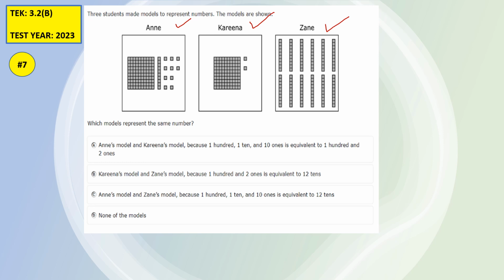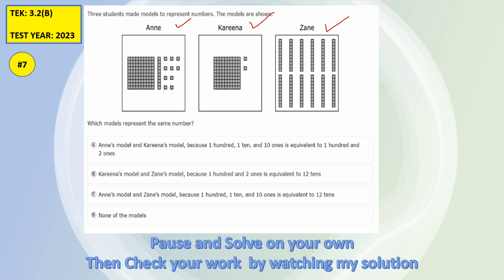Answer choice C says Anne's model and Zane's model because 100, 10, and 10 ones is equivalent or equal to 12 tens. Answer choice D says none of the models. Go ahead and pause and solve on your own, then check your work by watching my solution.